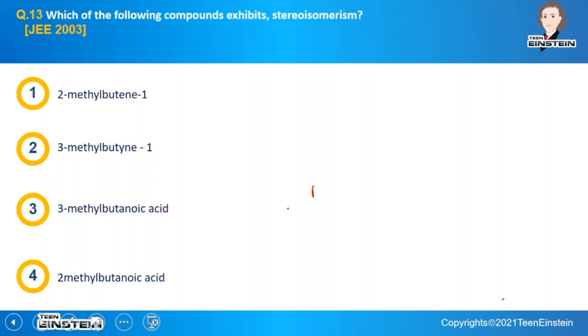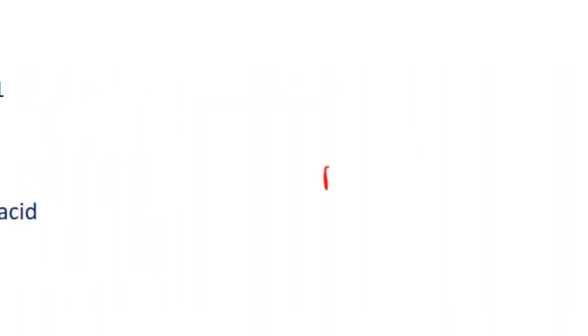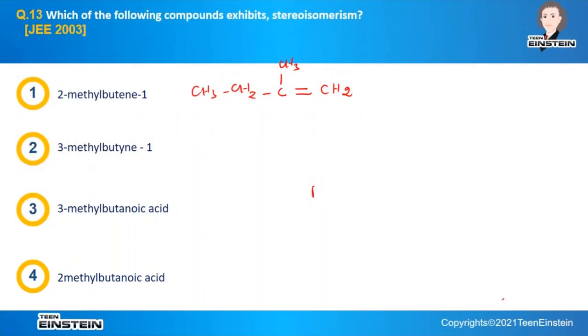2-methyl butene 1. So first we write down the structure. Here CH2, here CH3, here double bond. So here 1, 2, 3, 4. So 2-methyl butene 1. The next compound is 3-methyl butene 1. So here the structure is CH3, CH3, CH double bond CH2.